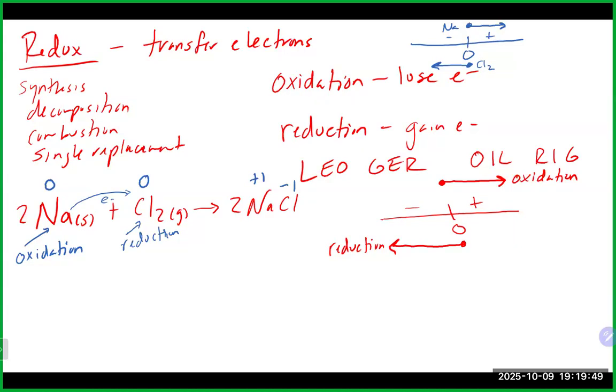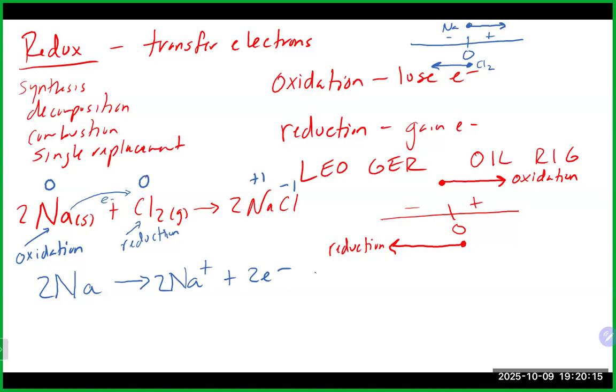You can write what is referred to as half reactions for a redox reaction. And a half reaction is essentially half of the overall reaction that's taking place. When we look at the sodium here, it is actually losing electrons and becoming 2 sodiums with a +1 charge and giving off 2 electrons.